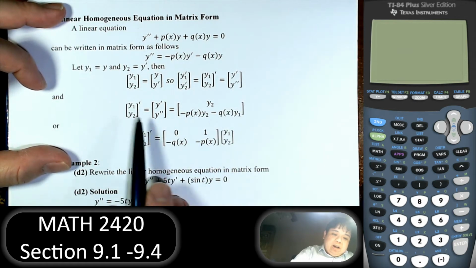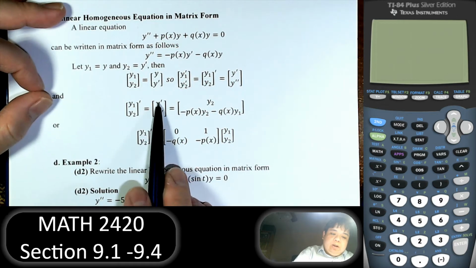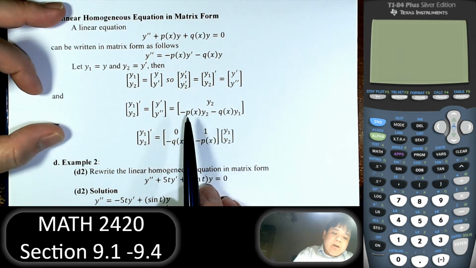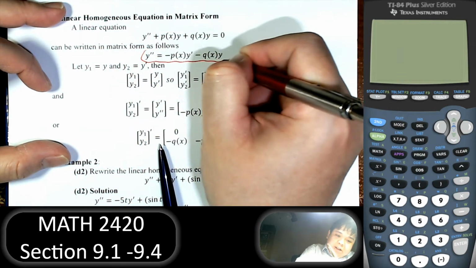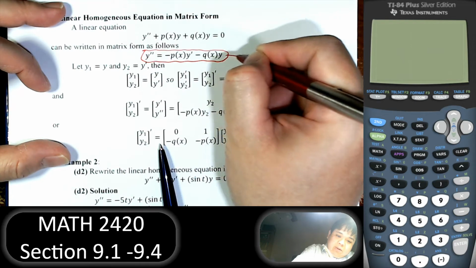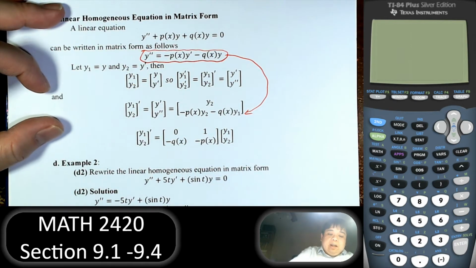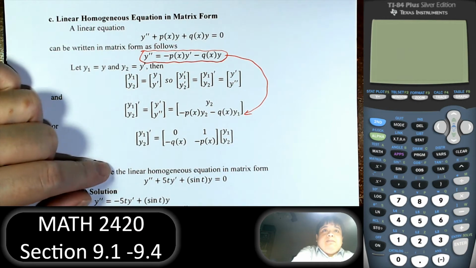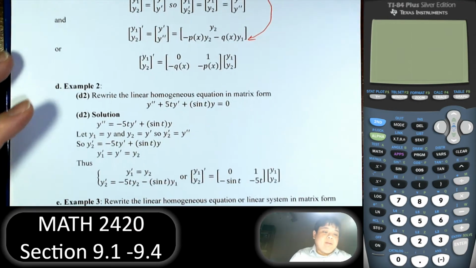Then we can rewrite the system y1, y2 prime equal to y prime, y double prime, then y2 double prime we saw for this earlier, and then we can write that in this column, and finally we can put that in the matrix form.